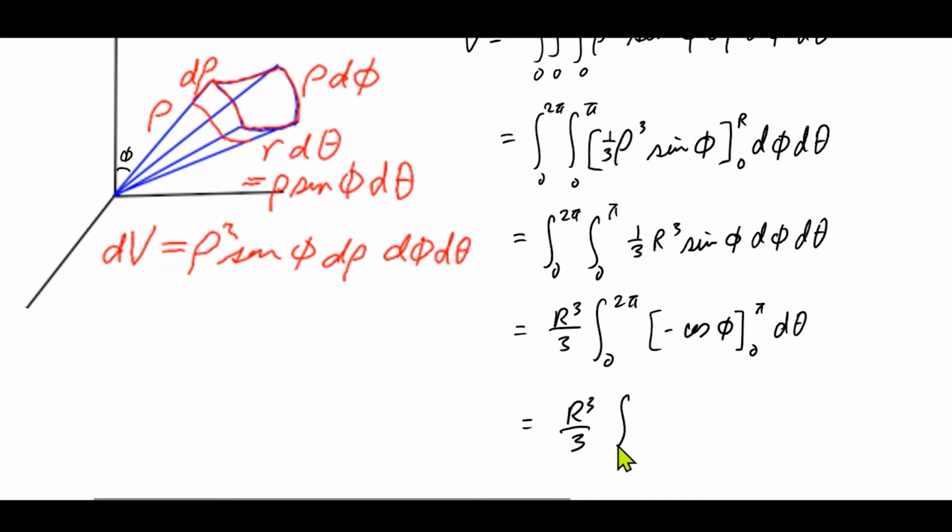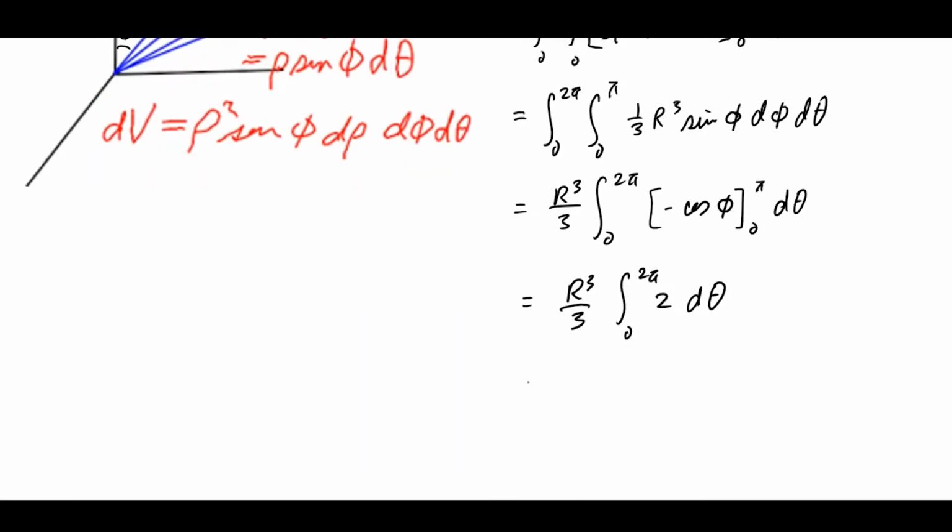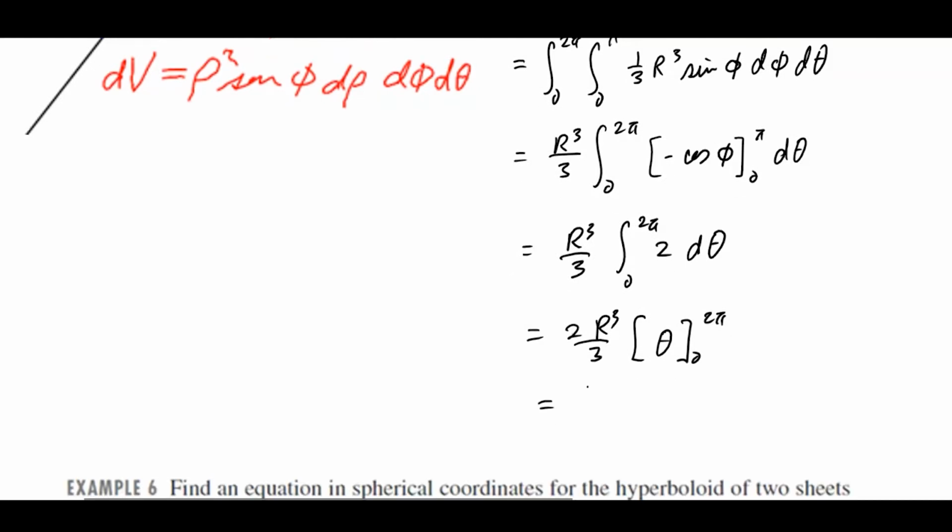Yeah. 2 d theta. And of course, 2 is constant, so 2 r cubed over 3, and then we have theta from 0 to 2 pi, that also gives you 2 pi, so we have 4 pi over 3 r cubed. How about that? Good? Questions?